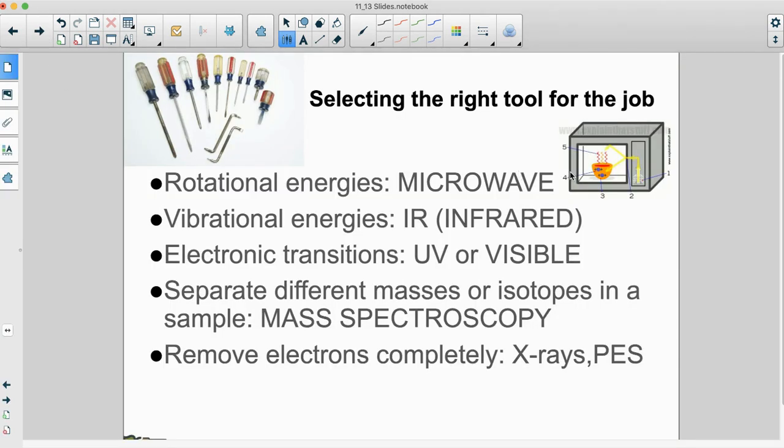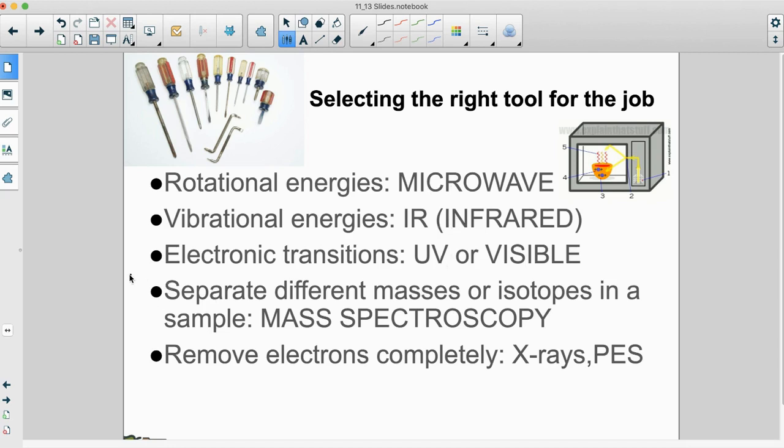So we want to make sure we select the right tool for the job, depending on what sort of energies we want to examine in our molecule. These are again labeled with the types of transitions that occur, depending on the type of light.